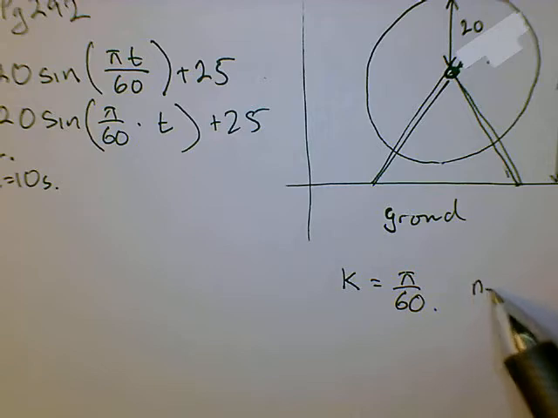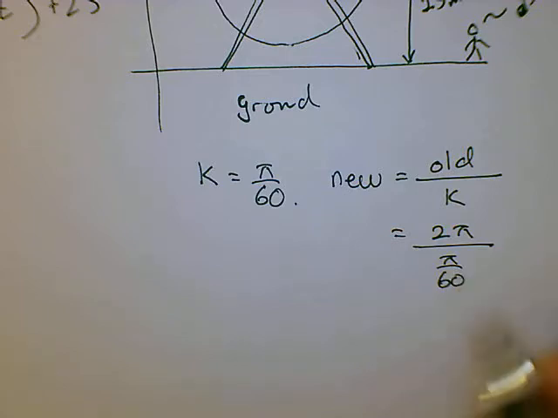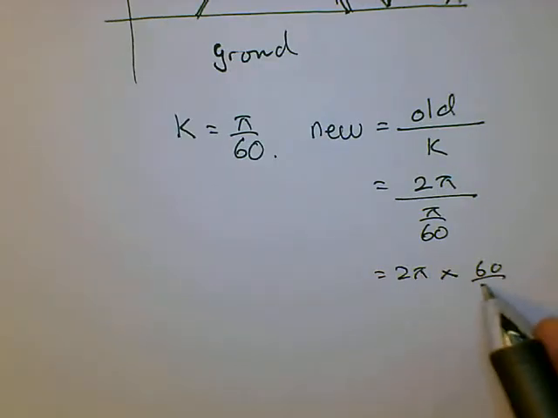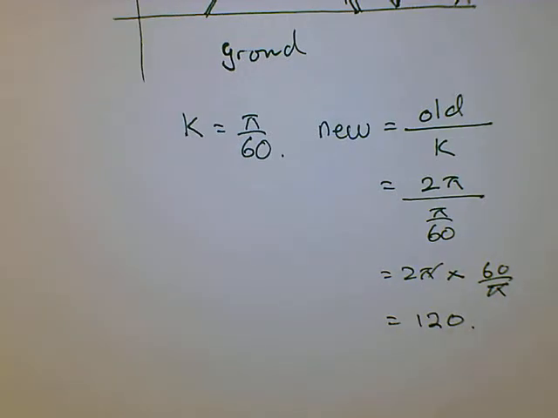And remember, the new period is equal to the old divided by K, which is 2 pi divided by pi over 60, which is the same as 2 pi multiplied by 60 over pi. Bam, bam, 120. But not 120 degrees, because we're dealing with time.